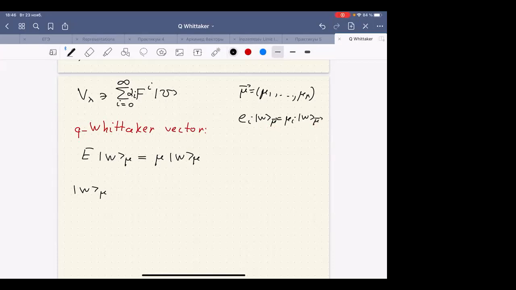If you fix this vector mu, the vector is only one, up to scaling. I think yes; if I'm not correct, then sorry. And in the quantum case, if you require the same condition, such a vector doesn't exist, since this definition is not compatible with the Serre relations. I see. Okay, thank you.